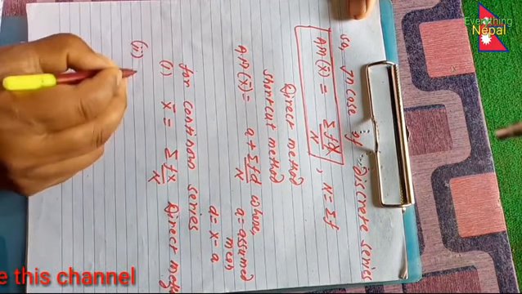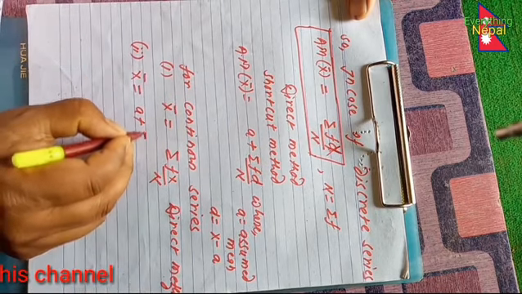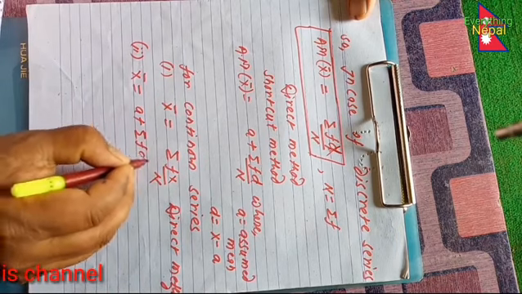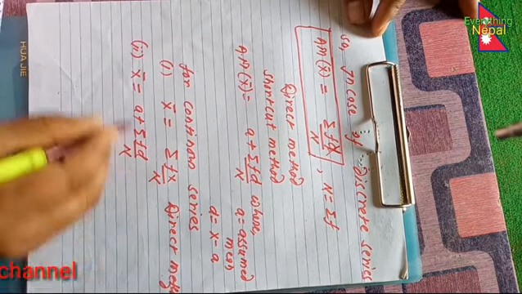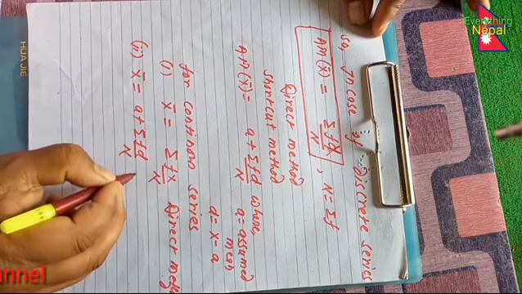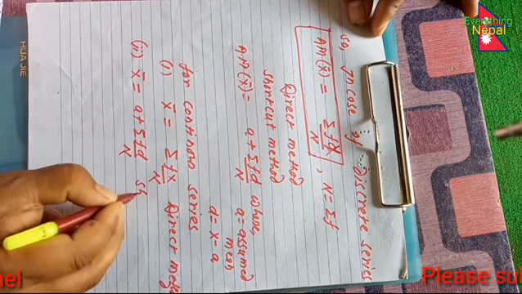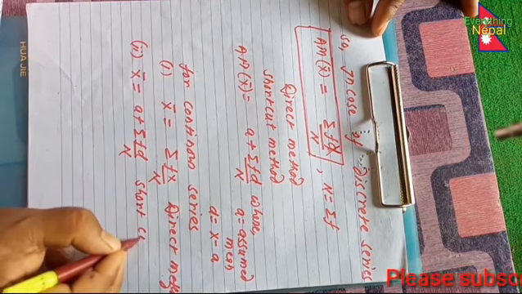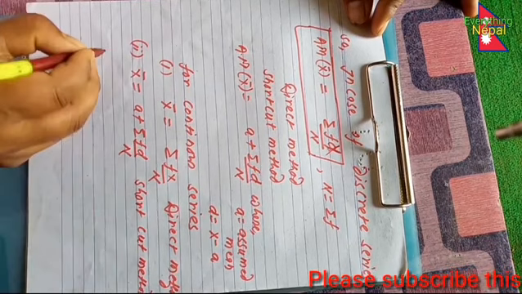Number second, x bar is equal to a plus summation fd by N. This is called the shortcut method.